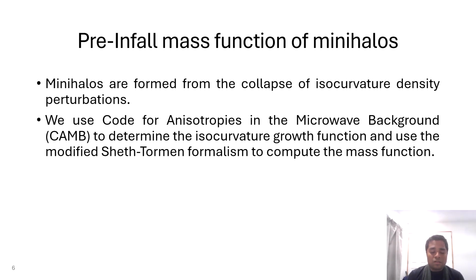And the minihalos are formed from the collapse of the isocurvature density perturbations. We use this package called CAMB to compute the mass function of the minihalos. To do that, we initially calculate the isocurvature growth function using CAMB, and then we use the Sheth-Tormen formalism to compute the mass function.